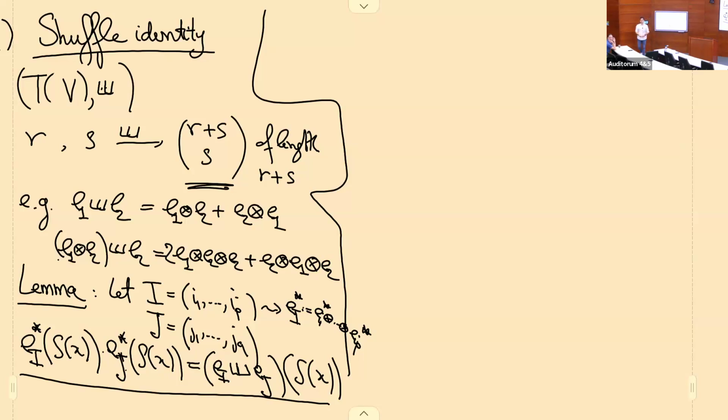Yes. Can I? I'm not sure I can, but I can try. I can try. I think so. You know, so the proof of this is just a double induction on the length of I and j.